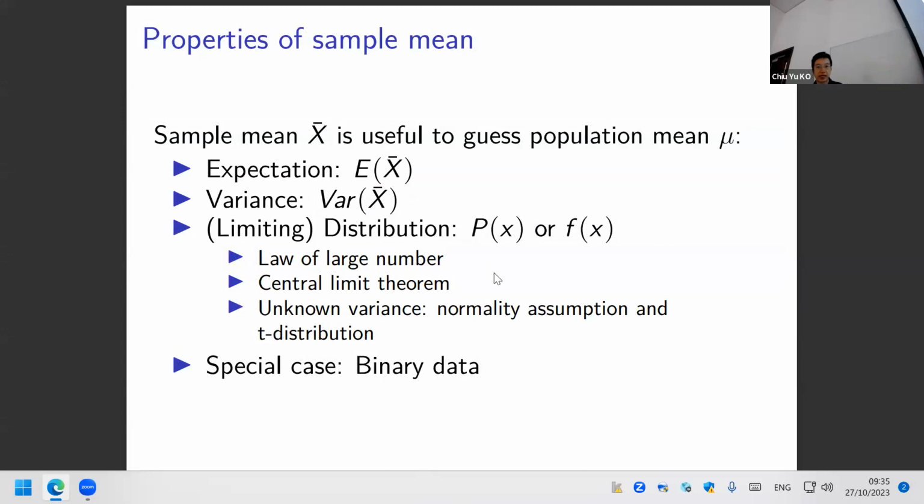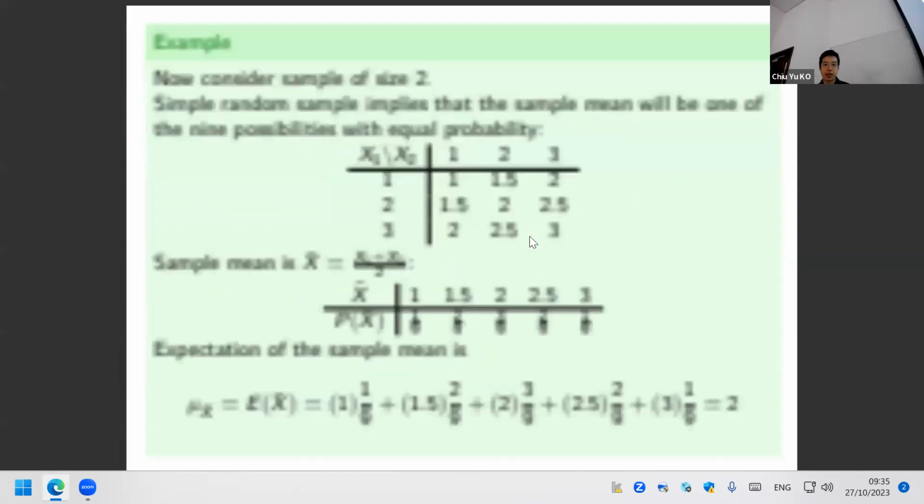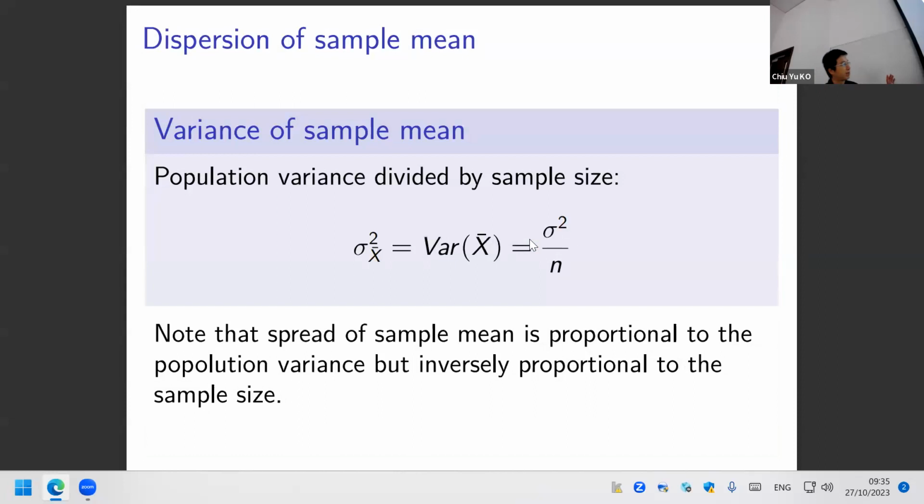And we know the expectation of the sample mean is the same as the original population mean, right? And the variance of the sample mean is directly proportional to the underlying variance, but inversely proportional to sample size, right? Because the larger the sample size, your sample mean will be more informative. You have higher precision, right?